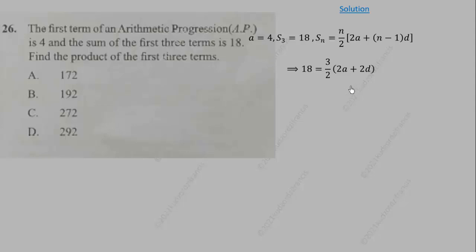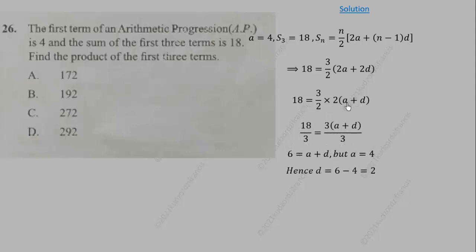Now we have to substitute a equals 4 into this and calculate for d. So that will give us d to be equal to 6 minus 4, which is equal to 2.